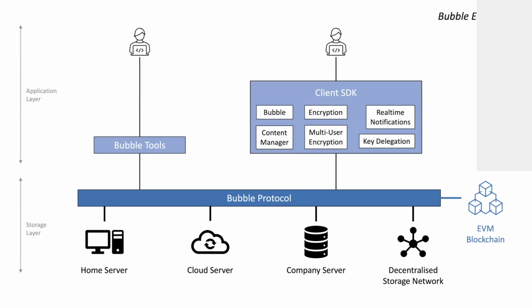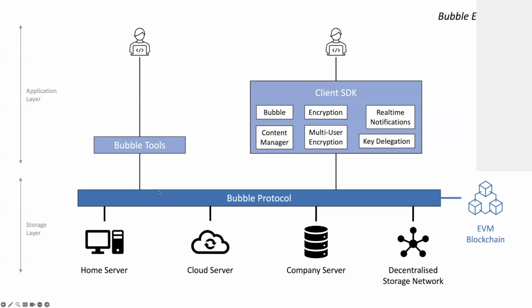And so part of the Bubble roadmap is to build a decentralized storage network like IPFS, but with access controls built in and a payment mechanism built in. So that's what we're hoping to do if we're able to fund ourselves and move forward. The protocol is EVM compatible, so it's not tied to a specific blockchain, but it supports EVM-based blockchains at the moment.